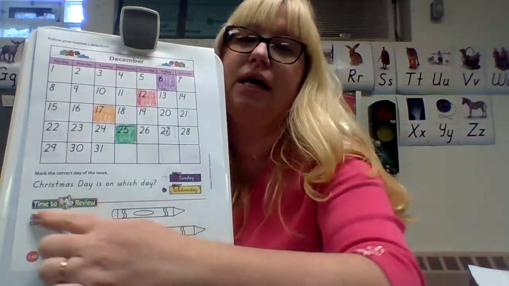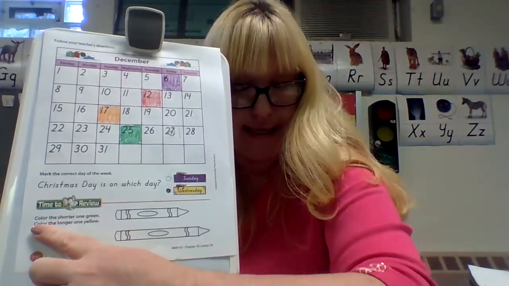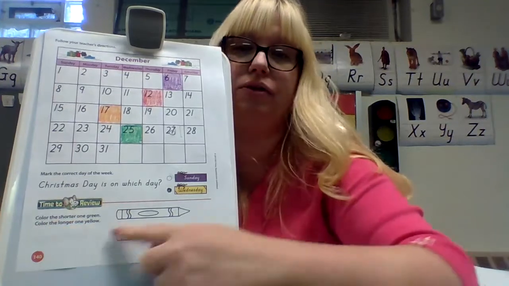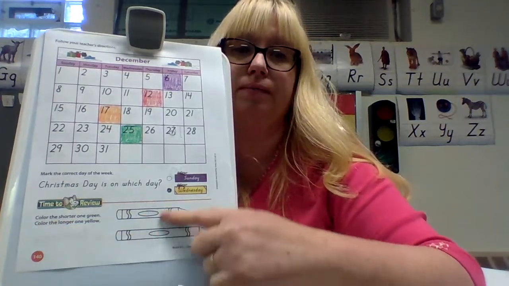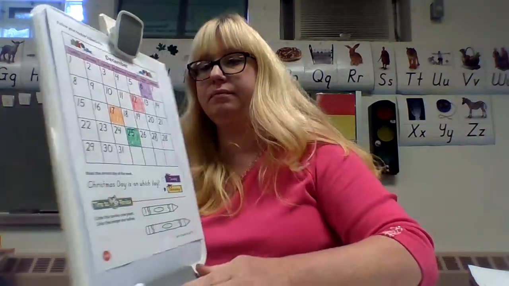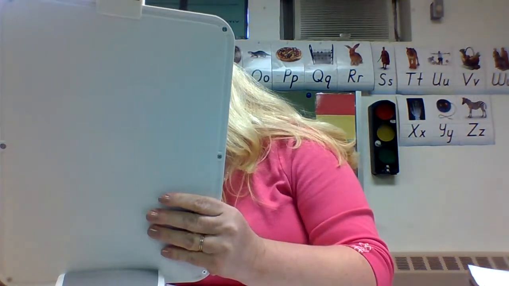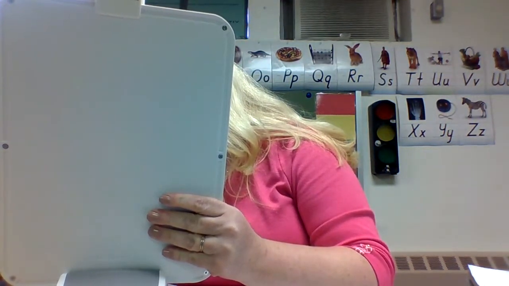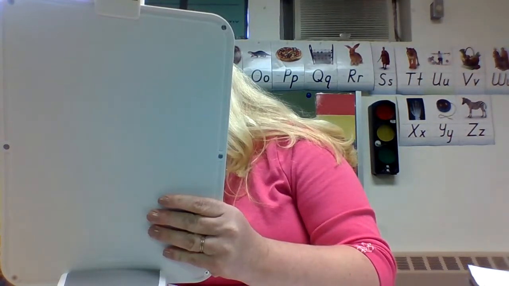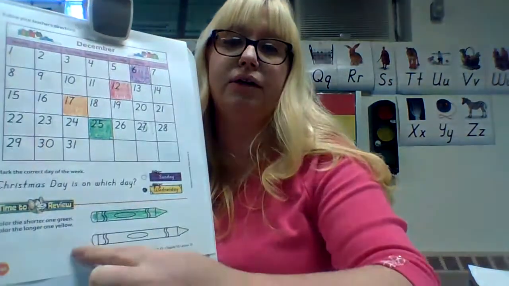And I'll read to you. Time to review here. So let's see. It says, color the shorter one green. So which one of these is shorter? This one. Color that crayon green. Okay. And the other part it says, color the longer one.